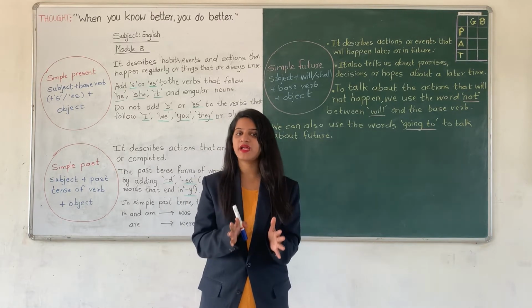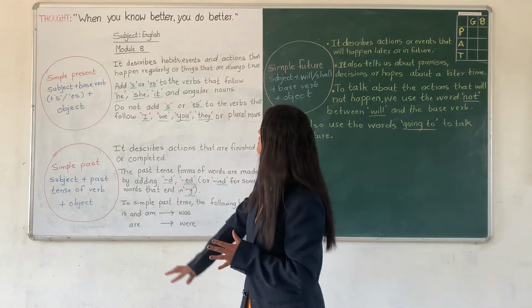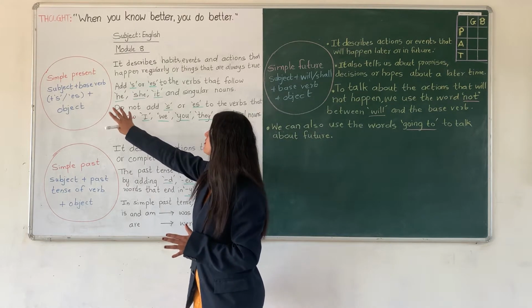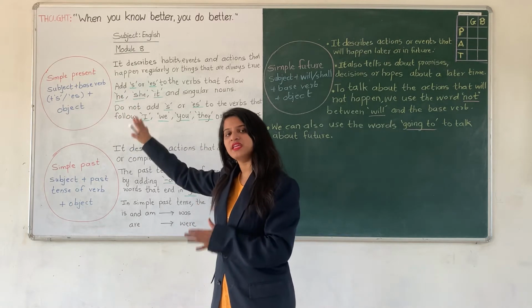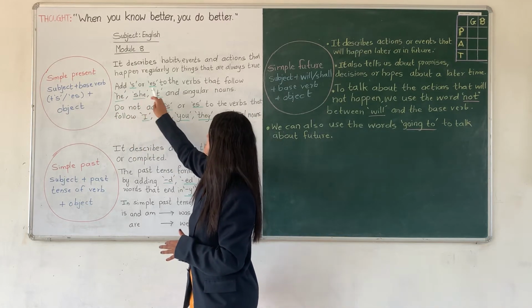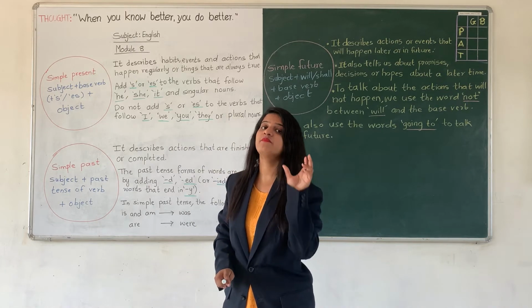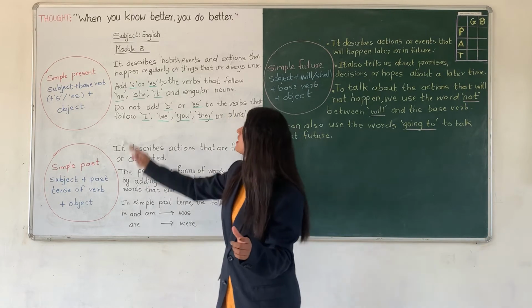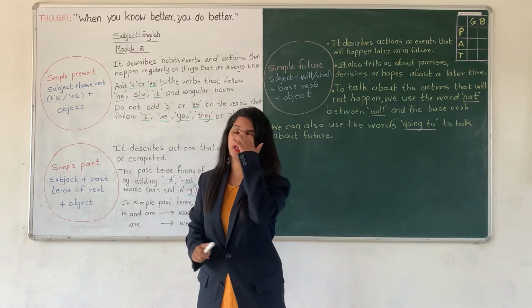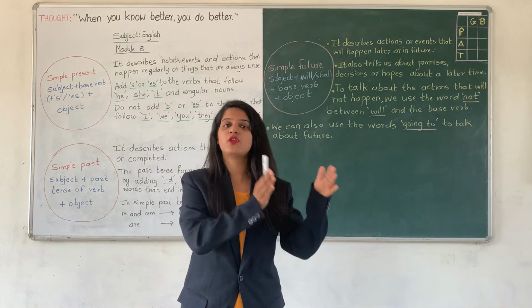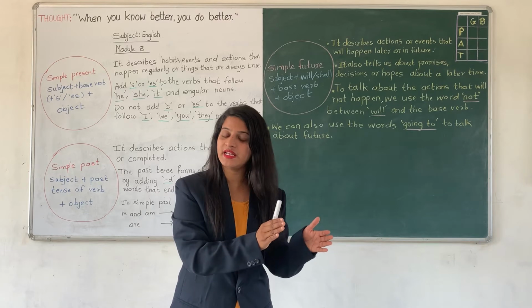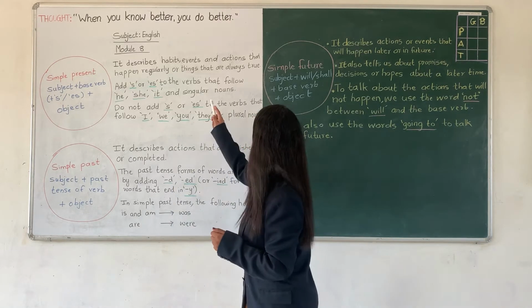So my dear children, whenever we have to write the base verb with s or es, we have to add s or es if it follows he, she or it, and singular nouns.